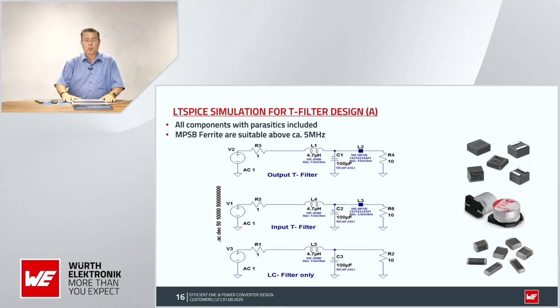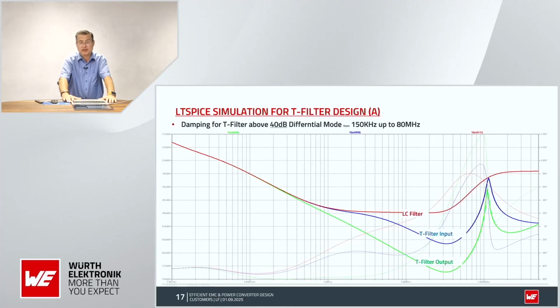For the input filter, we can start with a simple T filter. We can optimize the different components. You can see here the simulation file for the input filter and output filter, compared with the LC filter. Just using an LC filter, we see in the simulation file that it doesn't have enough efficiency to achieve this 50 dB insertion loss.